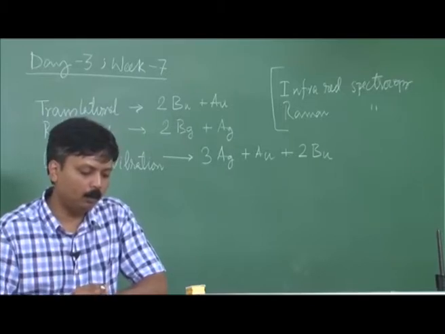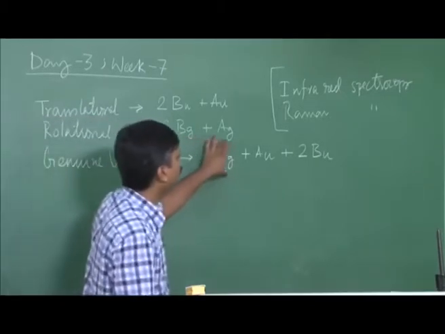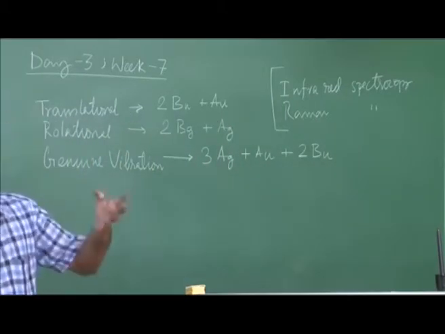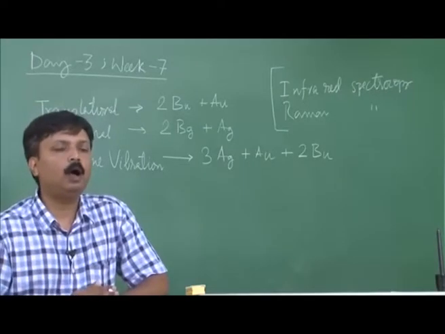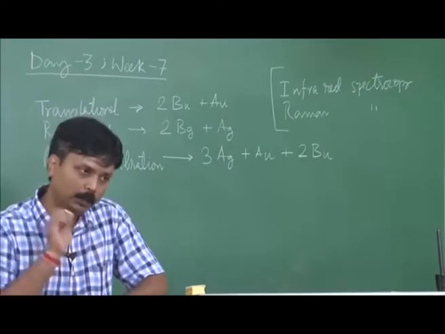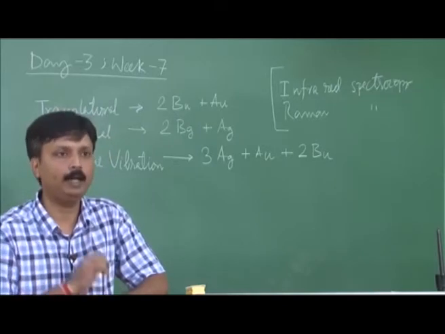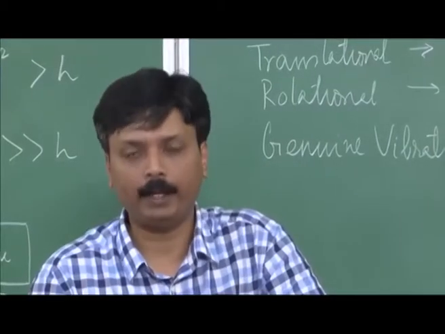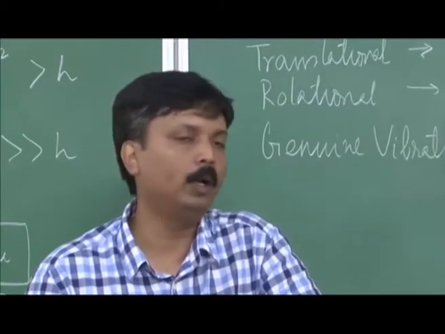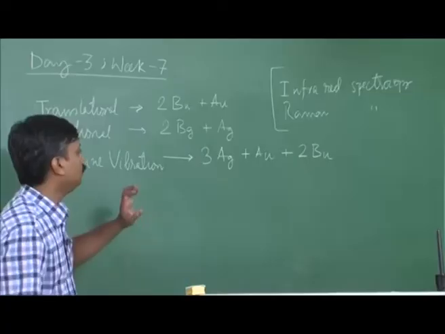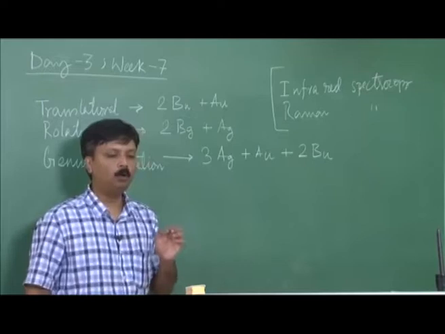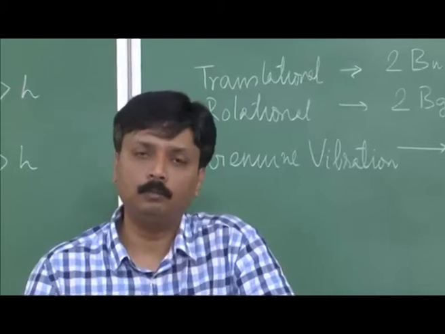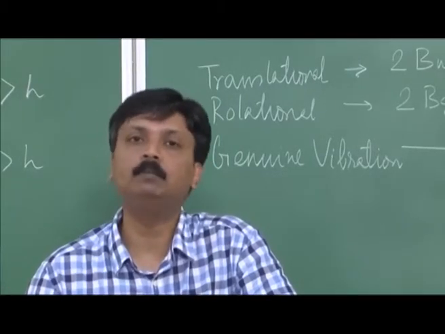Now I have got a number of vibrational modes, total 6 vibrational modes. So each one of them will make some kind of transitions. Now how will I know which particular mode will be infrared active, and which one will be Raman active? Or in other words, some particular vibrational modes can be seen using infrared spectroscopy, and some particular vibrational modes can be seen by Raman spectroscopy.